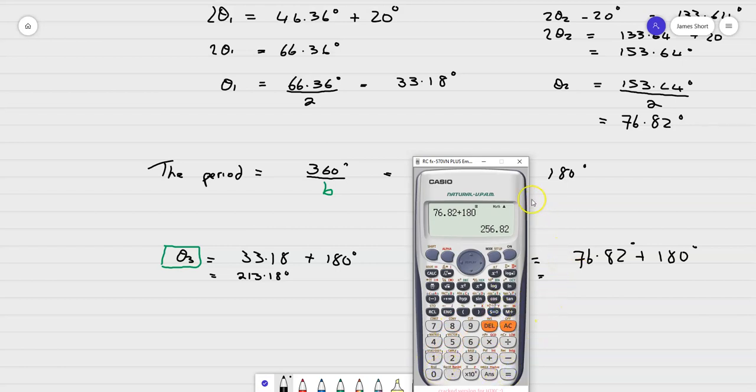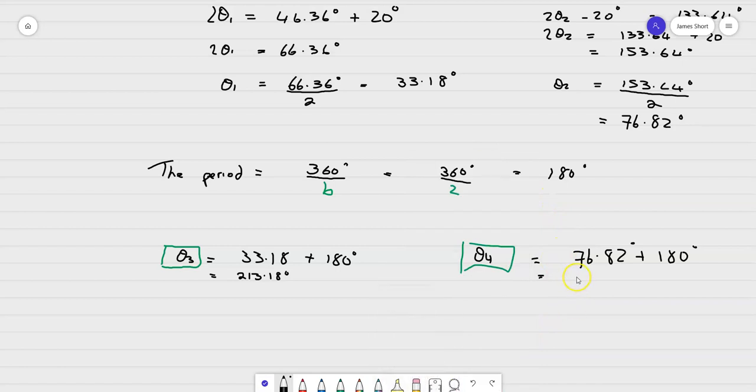That's 256.82 degrees. I'll just underline these here. Alright, so now we've got all of our solutions.